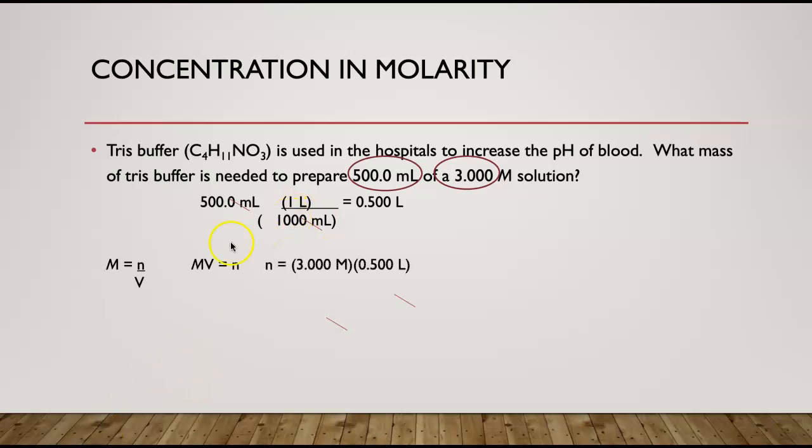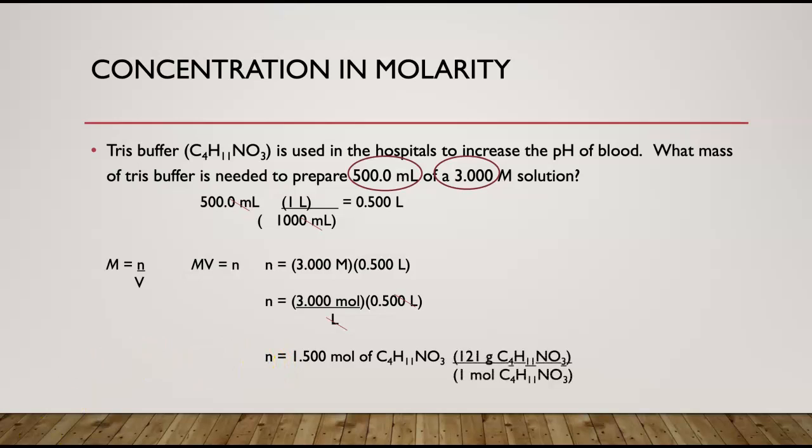Rearranging my formula, because I know that my number of moles is my molarity times my volume. So pretty quickly I can have my number of moles of the chemical, use my molar mass to figure out the grams of Tris buffer that I'm going to need.